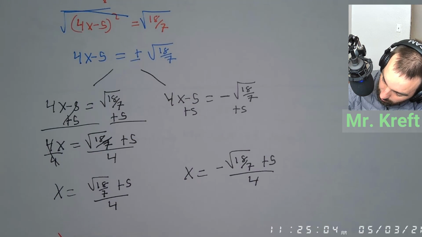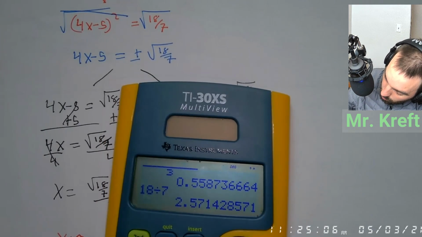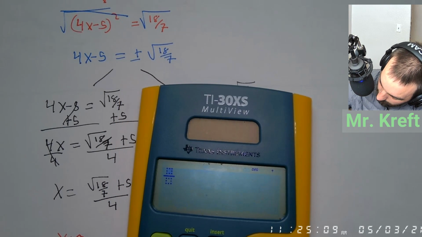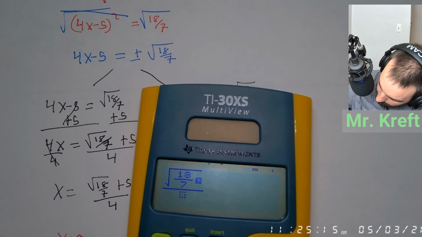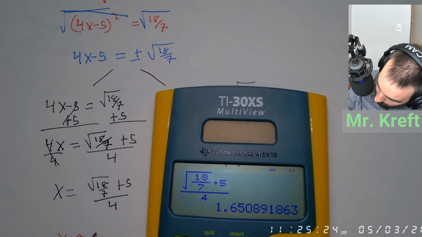And then I'm going to have to type this into my calculator really quickly because we're almost out of time. So I'm going to get the square root of 18 over 7 plus 5. Oops, nope, I did that wrong. Okay, plus 5 over 4. And I get approximately 1.65.